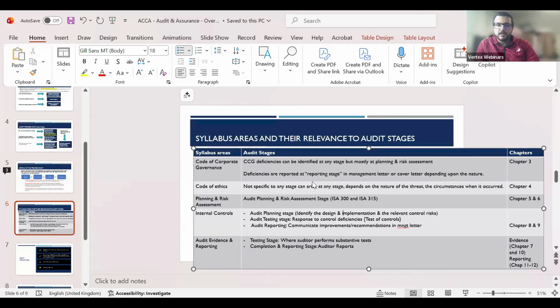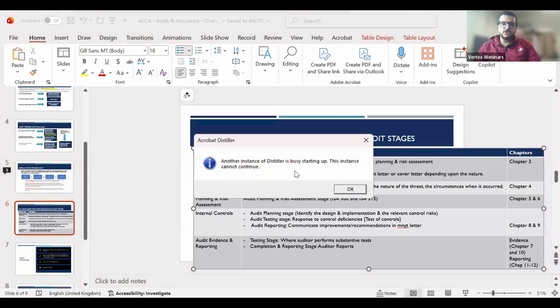Deficiencies are reported at the reporting stage. So how would you report the deficiencies?